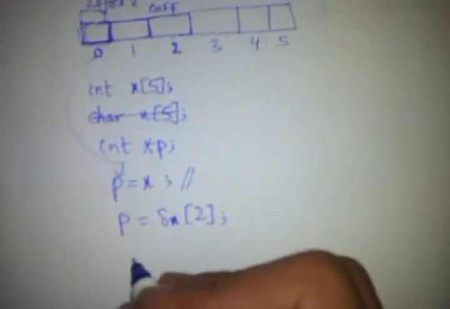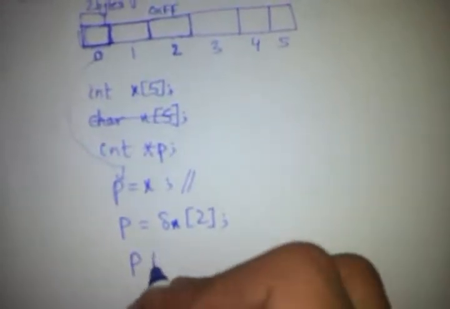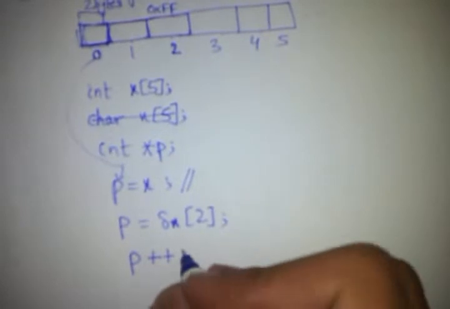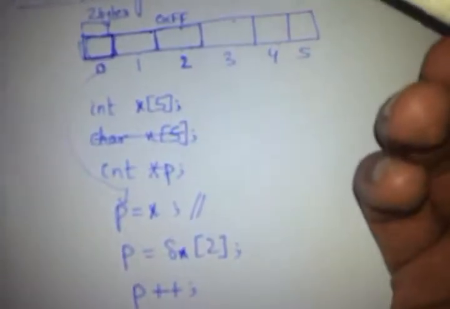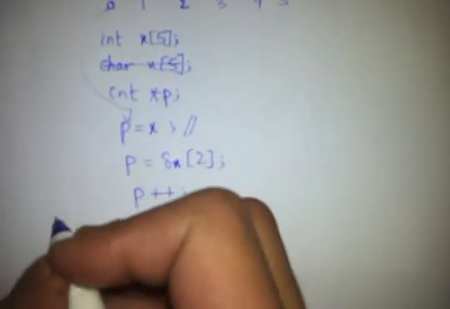So how do we get from this cell to the next cell, and so on? We do that by incrementing this pointer p by executing this command. What happens in the background is that our pointer's address moves from this cell to this cell, and the next time to this cell, to this cell. Hope you understand.